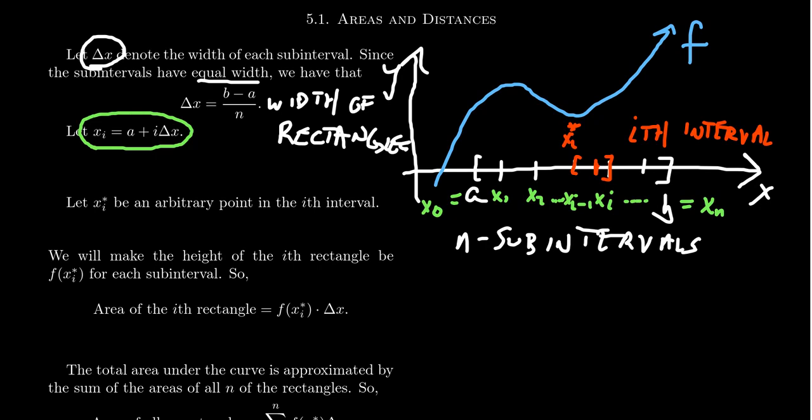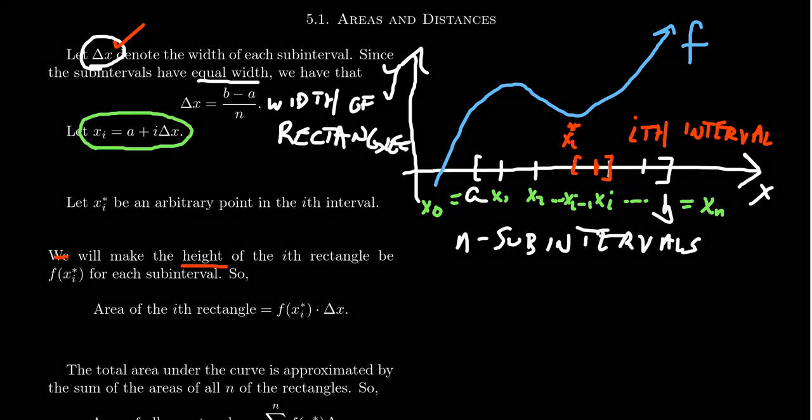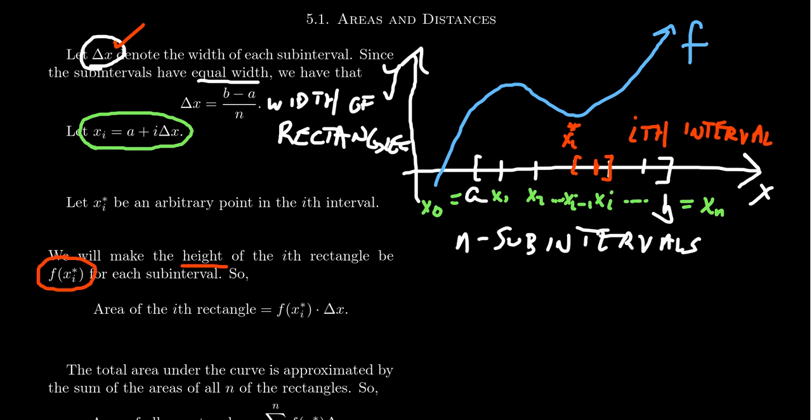The width we already determined is going to be the same distance as delta x, but how tall should the rectangle be? Well, we want the rectangle's height to be determined by the height of the function. Otherwise, this won't be a very good approximation of the area under the curve. So the height of the rectangles is going to be this value f of xi star, and this is for the ith rectangle. As you do different intervals, xi star will change, and hence the height will change as well.